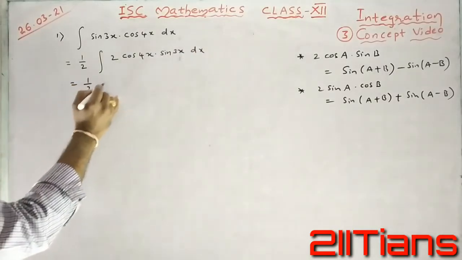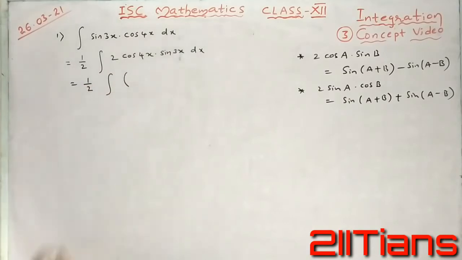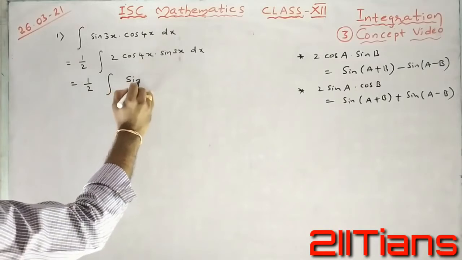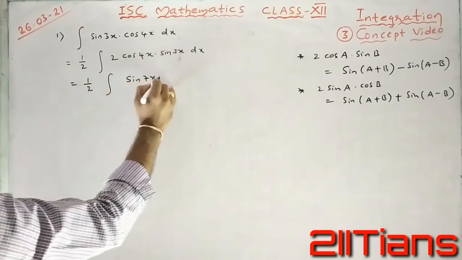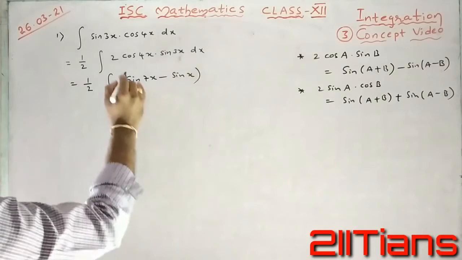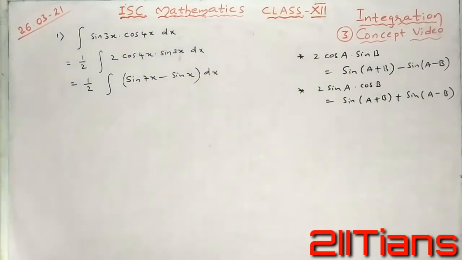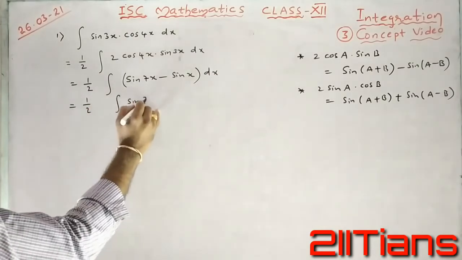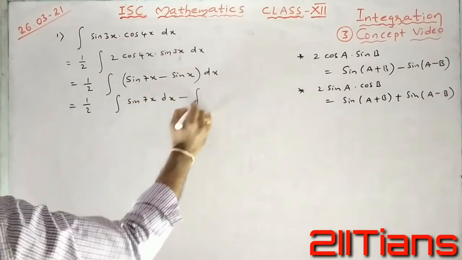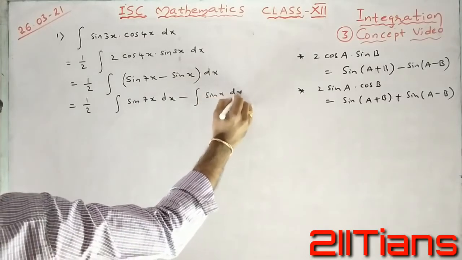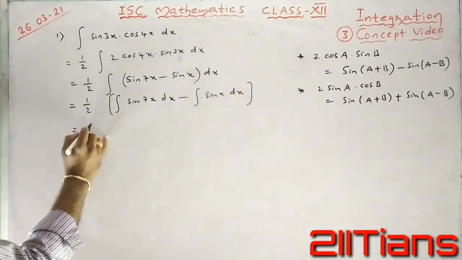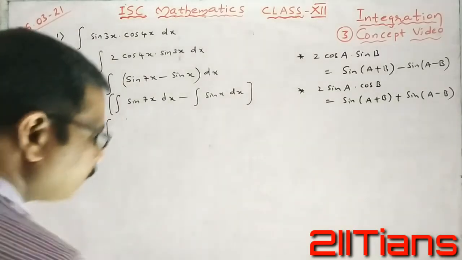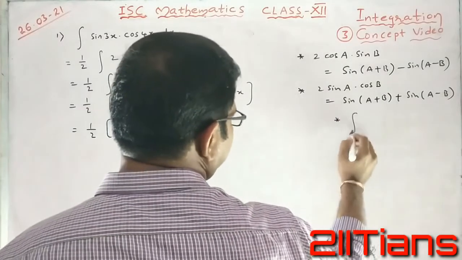So 1 by 2 times integral, 2 cos A sin B means we can write sin of A plus B, 7x, minus sin of A minus B. So it is changed now. We can write integration easily. Integral sin 7x dx minus integral sin x dx. Right? So we can write 1 by 2 of sin 7x means integral. What is the integration for sin x?